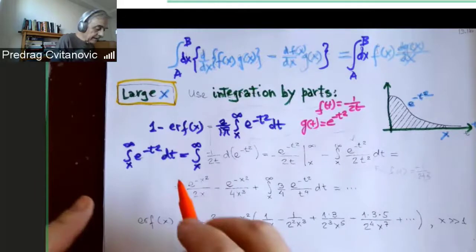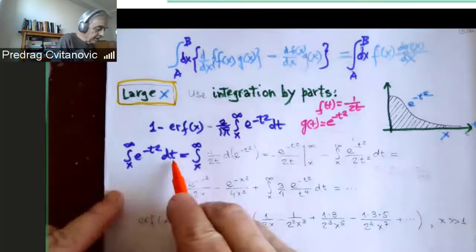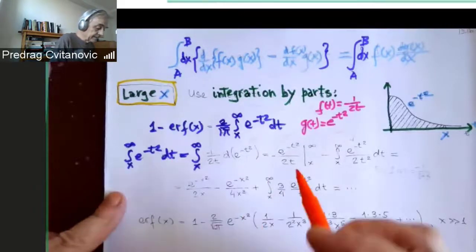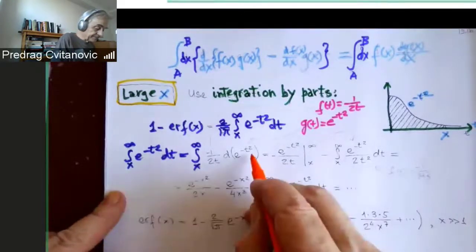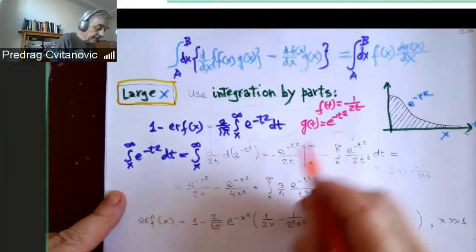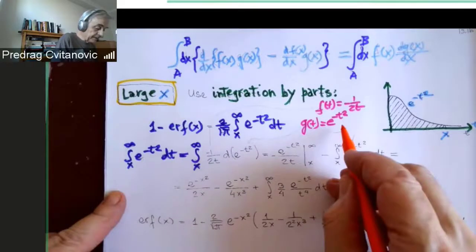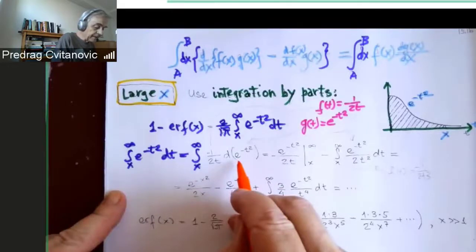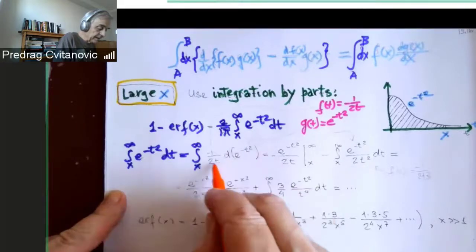And now, if I just change the integration to t squared, then just in changing the integration variable, I'll pick up a minus from the derivative, 2 over t.